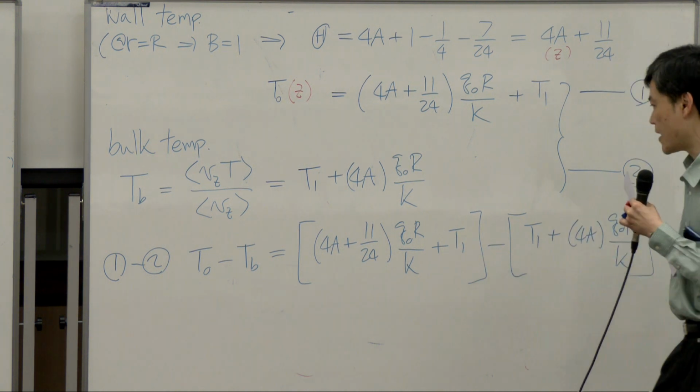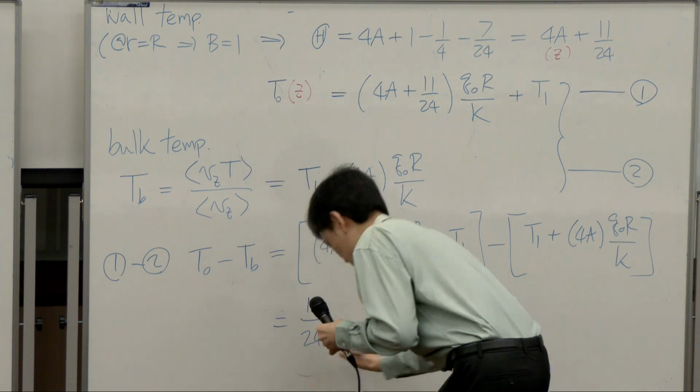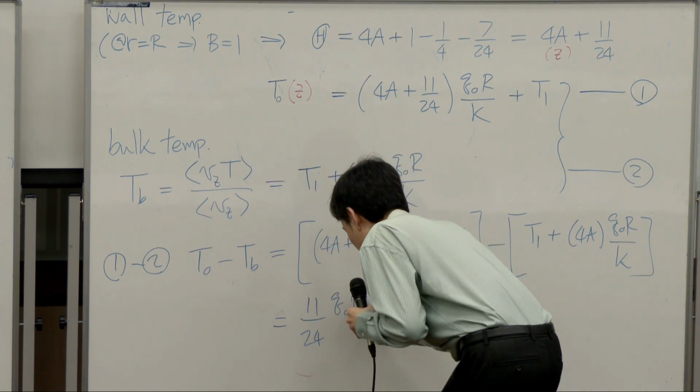T1 here and there cancel out. What we have left would be 11 over 24 Q0 R over K.